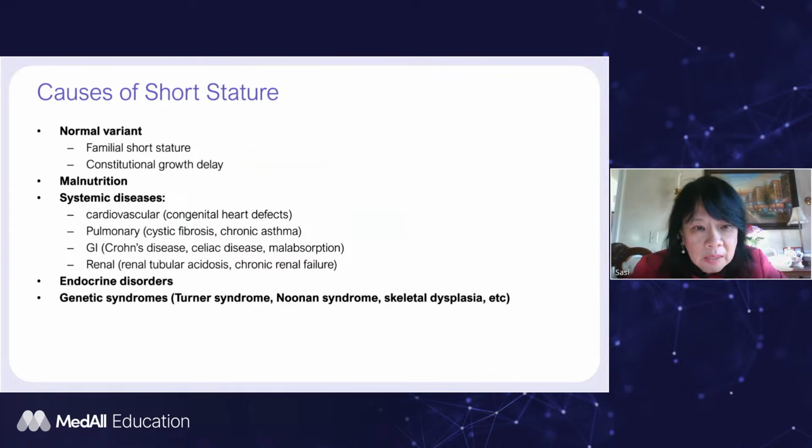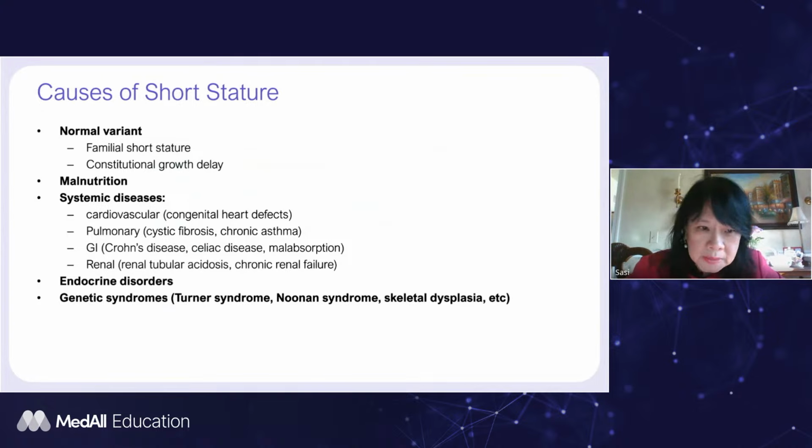For renal causes, one of the subtle renal conditions is renal tubular acidosis. So we need to always check electrolytes to make sure that we're not dealing with chronic metabolic acidosis. Kids with chronic renal failure can also have significant poor growth. And then we have endocrine disorders, which I will show later.